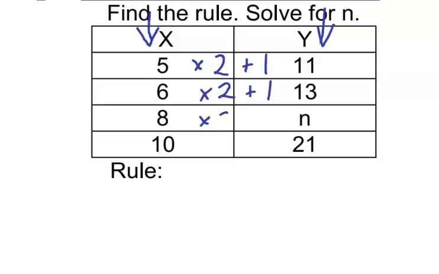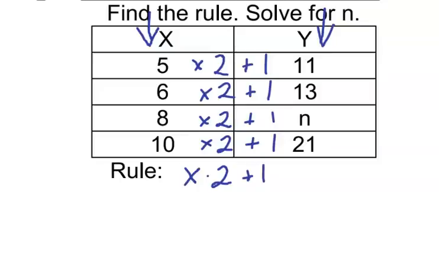And then this one as well. So the rule is going to be whatever it is times 2 plus 1, because 10 times 2 is 20, plus 1 is 21. All right, so the rule is x times 2 plus 1. That's the rule.